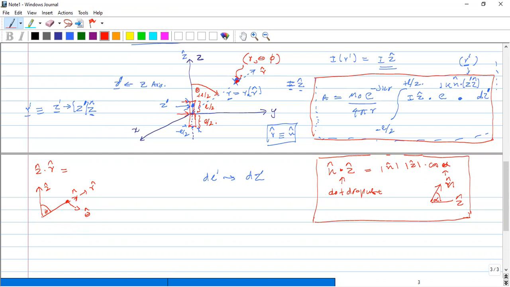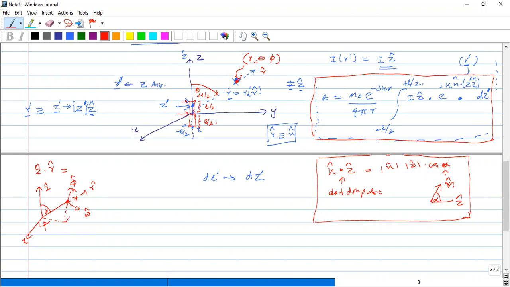And if this is x, this will be y, so this is the phi direction, this is phi hat.